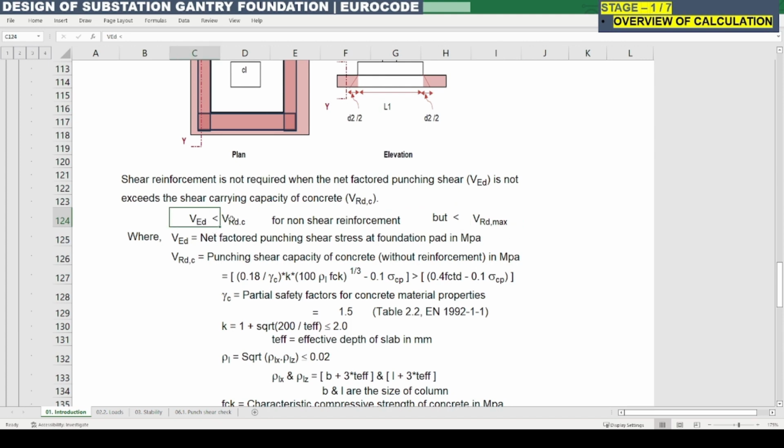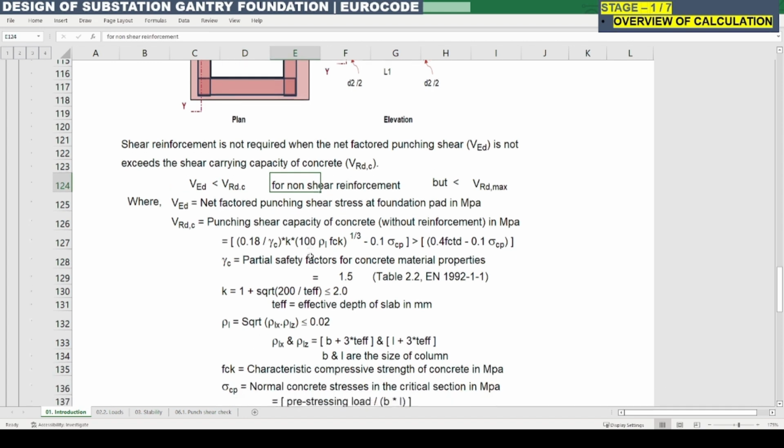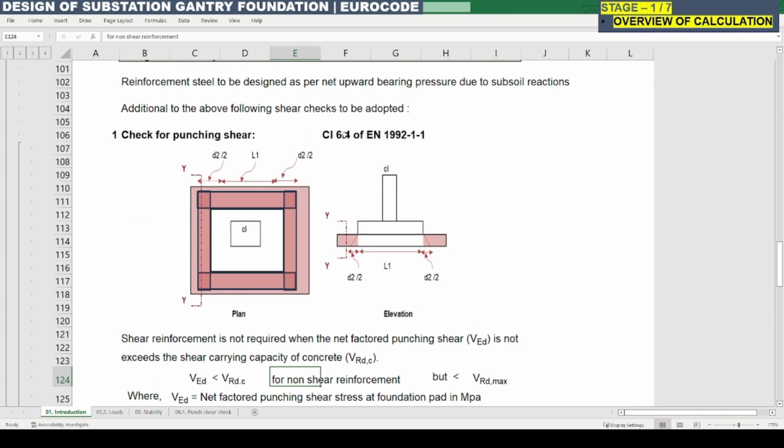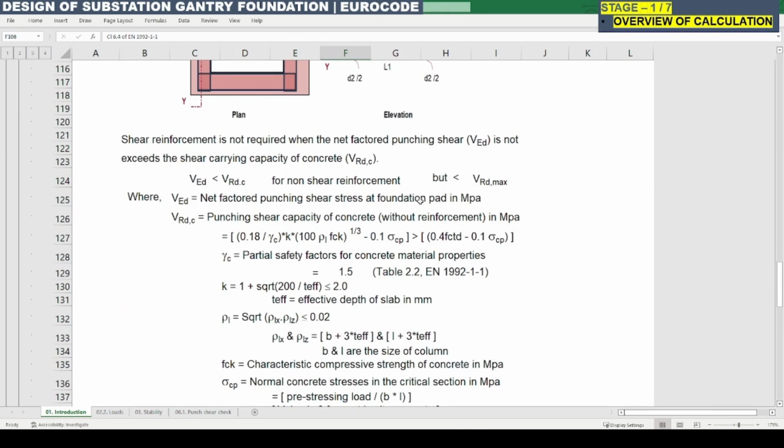If it is greater than VRD, that is the resisting shear, then we need to provide the shear reinforcement. So these are the formulas and equations which are given in the European standard EN 1992 in clause 6.4.